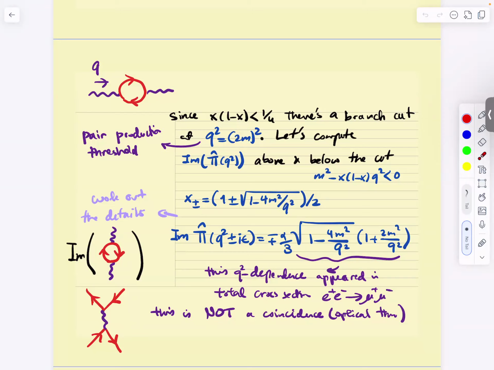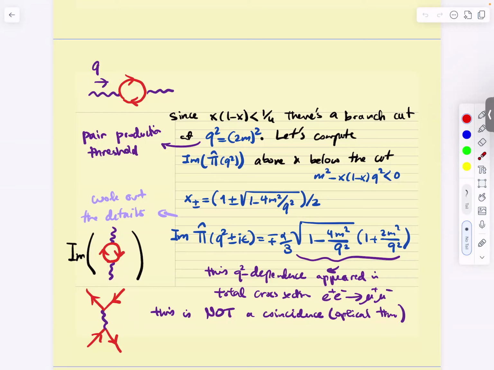But now there's an interesting observation. So let me pause. Is the pair production threshold business clear? The calculation is fine and easy and nice. Everything is easy to interpret if q squared is not enough to pair produce. But at higher energies, there's some subtlety that comes up. This could be imaginary.